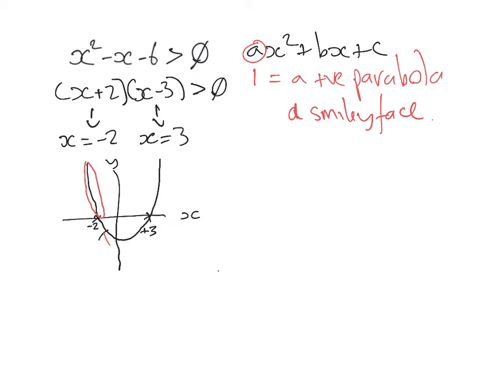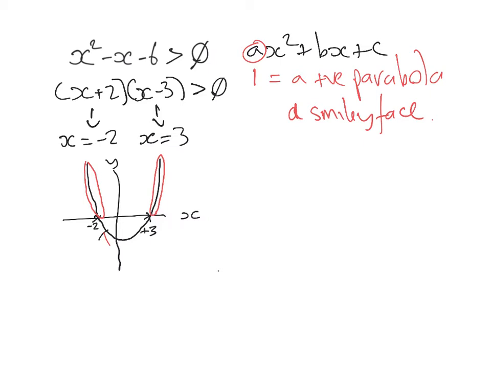Here, it's above the x-axis. Here, it's on the x-axis, and then from -2 to +3, it's below the x-axis, gets to 3, where it's on the x-axis, and then when it's greater, it's up here. So they're the bits of the graph that we need to be able to define to find solutions to this problem.